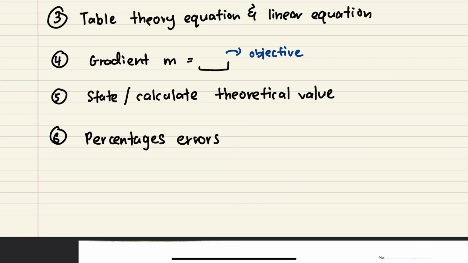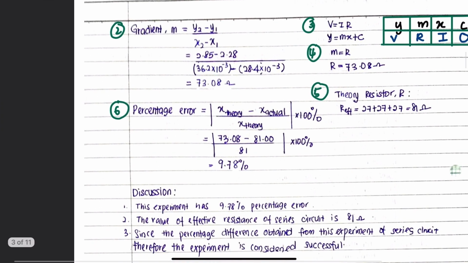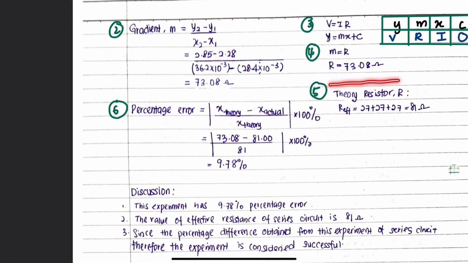After that you have to state or calculate the theoretical value. If you have to calculate, then you show the working on how you calculate the theoretical value. If you don't need to calculate, you simply state it.